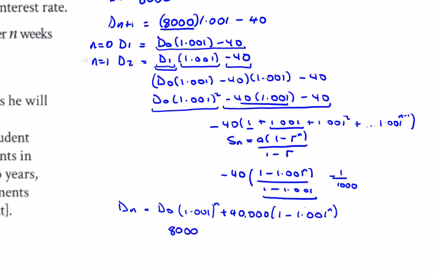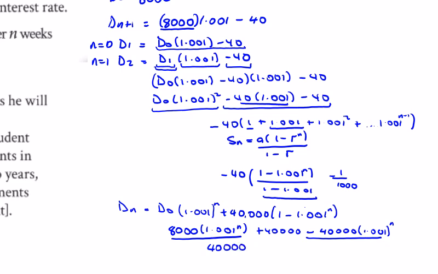We have 8,000 times 1.001 to the power of n, plus 40,000 minus 40,000 by 1.001 to the power of n. So we have minus 40 plus 8, so we have 40,000 minus 32,000 times 1.001 to the power of n. That's our equation.